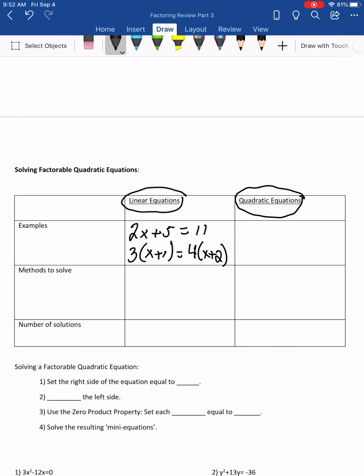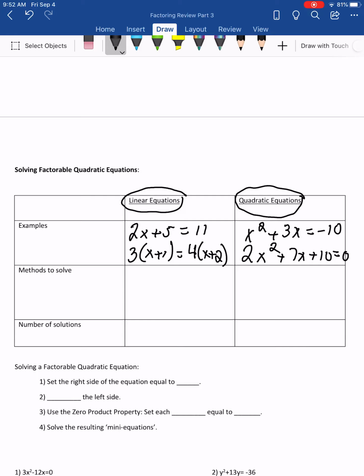Quadratic equation would look like x squared plus 3x equals negative 10. 2x squared plus 7x plus 10 equals 0. Okay?